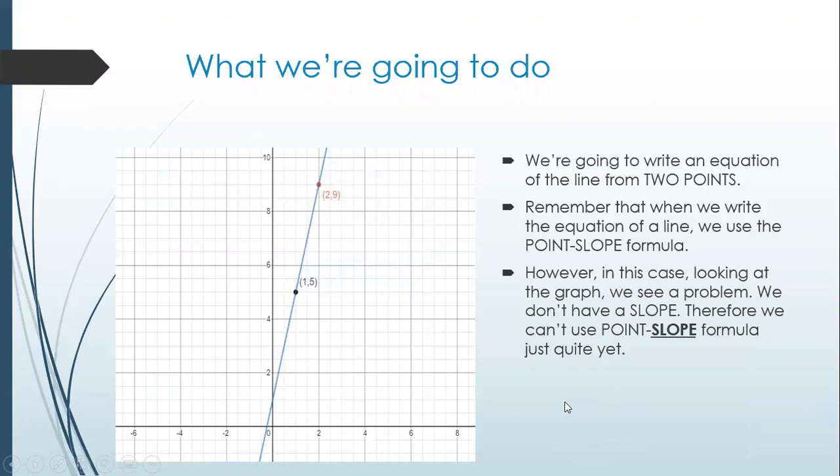All right, today what I'm going to go over is this. We're going to write an equation of a line from 2 points. Remember that when we write the equation of a line, we use the point-slope formula, which would seem to indicate that we need 2 things, a point and a slope.